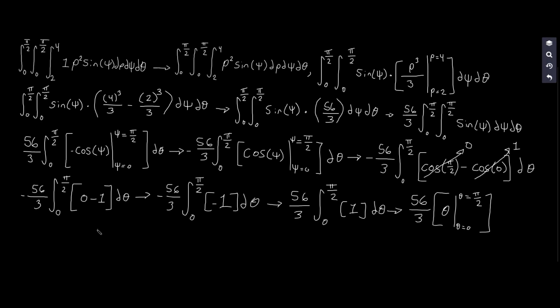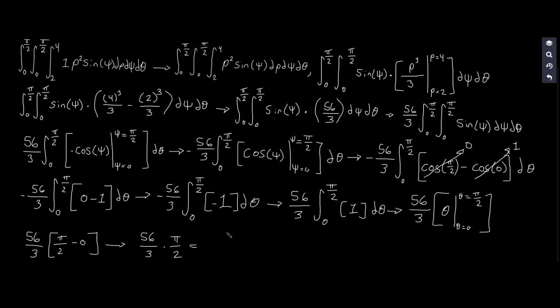And so what that's going to end up turning into is 56 over 3 times what we get when we plug in our bounds, pi over 2 minus 0. That's going to turn into 56 over 3 times pi over 2.